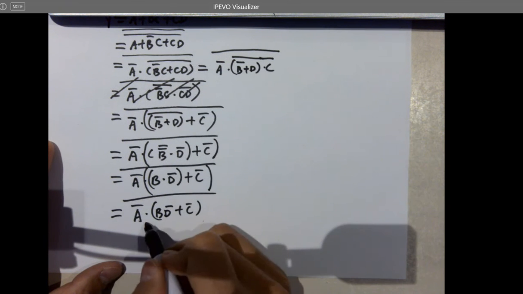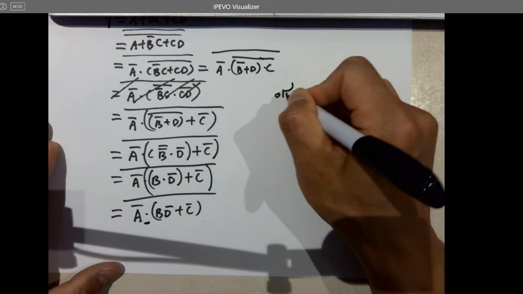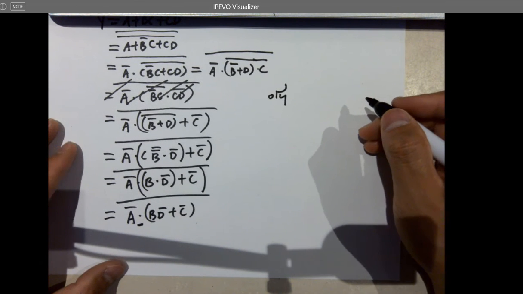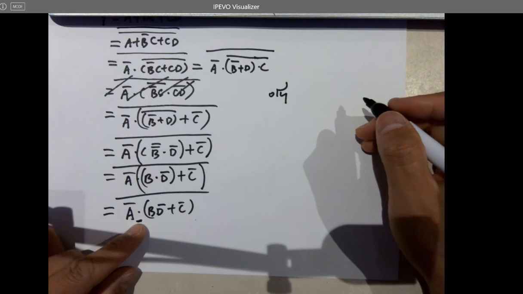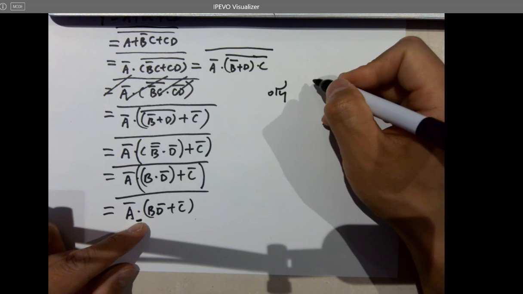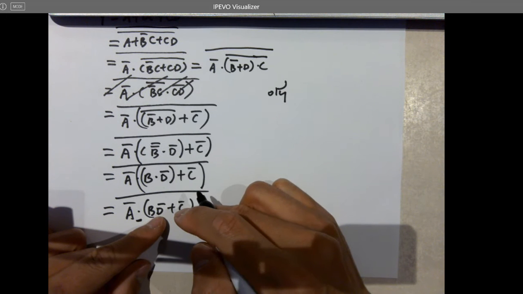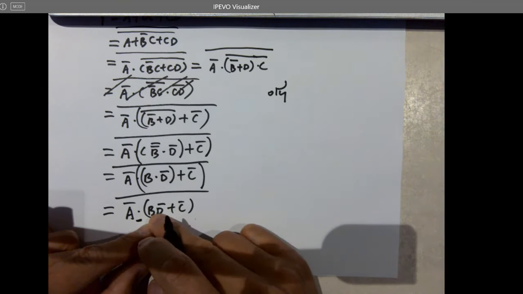So first, NAND gate is a NAND operator, so it should be in parallel. And in parallel, then these two should be in series, and this should be in parallel.